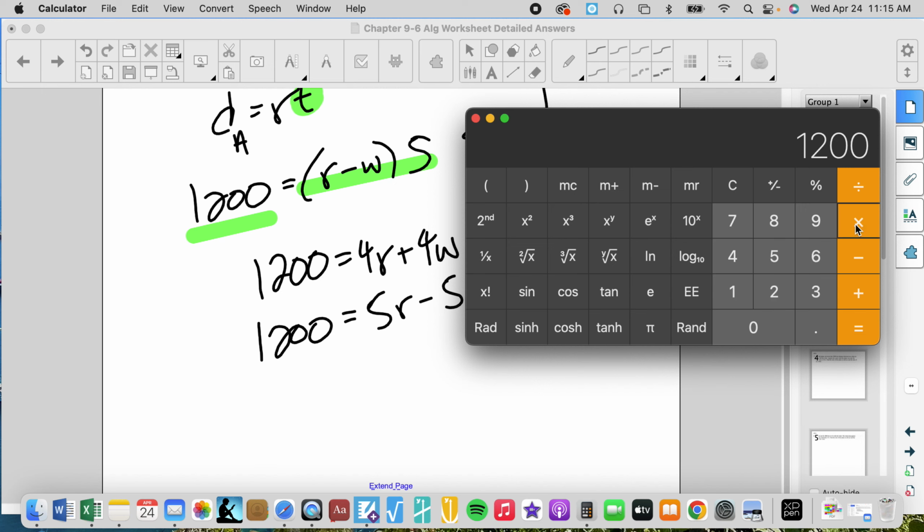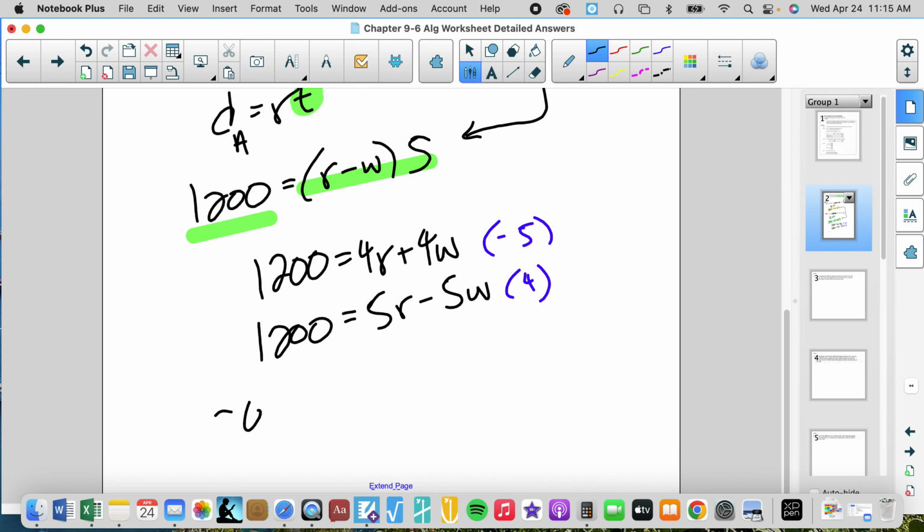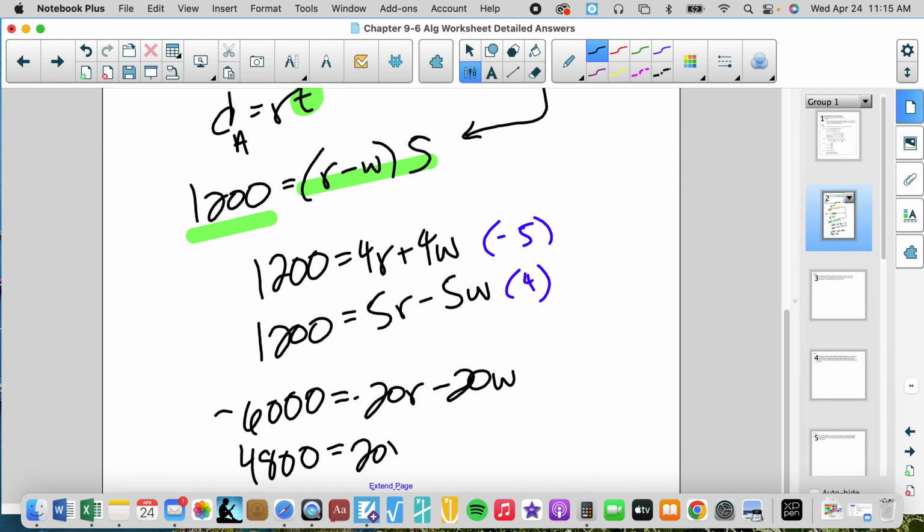1200 times 5 gives me 6,000. -6,000 equals -20R minus 20W. And then this is going to be 4,800 equals 20R minus 20W.